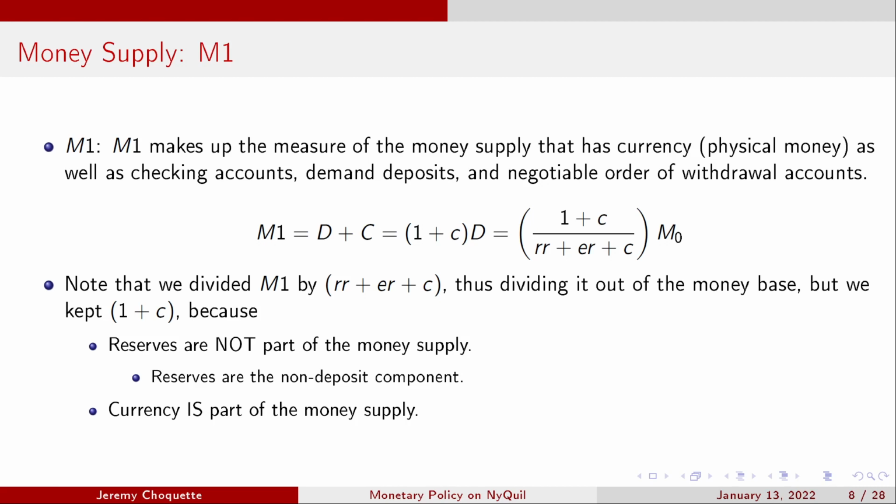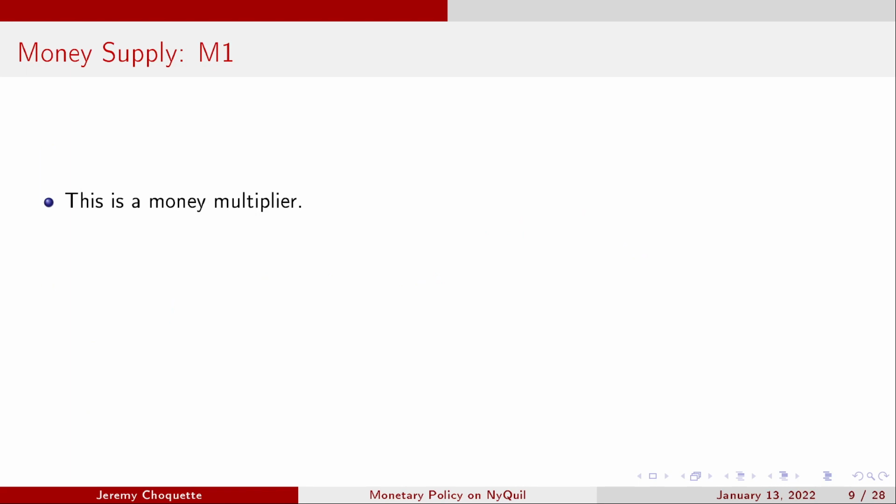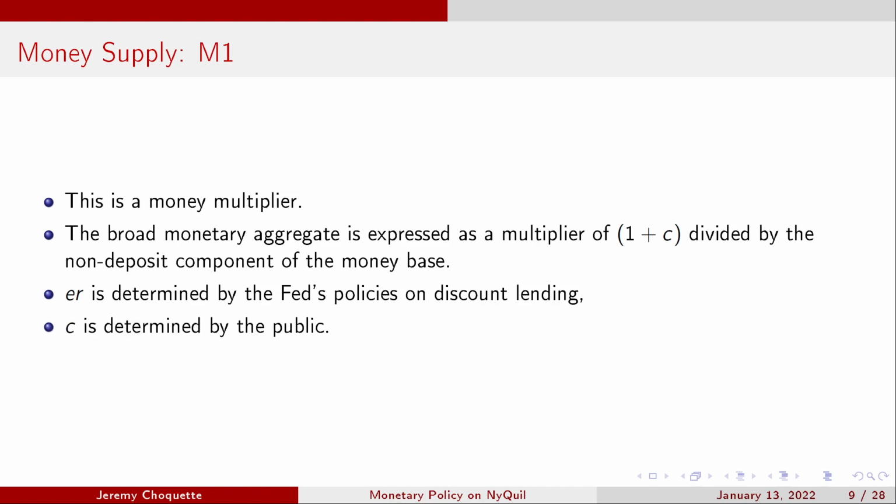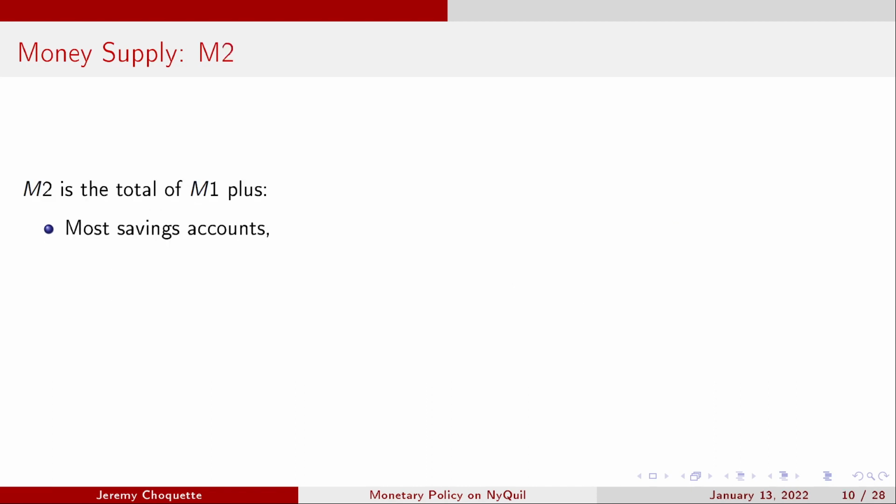Because remember, currency is part of the money supply. So this broad monetary aggregate is expressed as a multiplier of 1 plus C divided by the non-deposit component of the money base. Excess reserves are determined by the Fed's policies on discount lending, and then currency is determined by the public, how much cash you want to carry around.